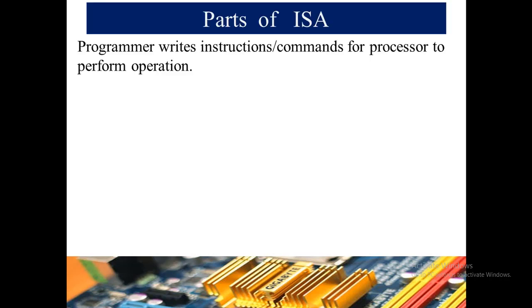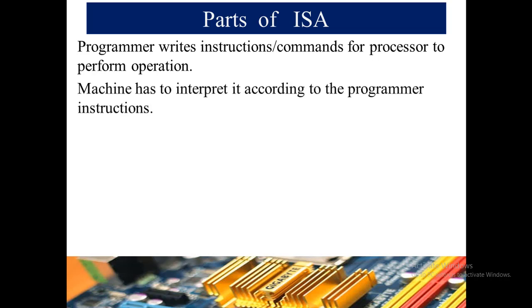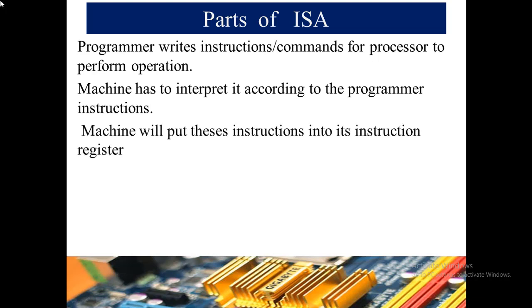Parts of ISA. Programmers write instructions or commands for the processor to perform operations. The machine has to interpret them according to the programmer's instructions. So the machine will put these instructions into its instruction register.